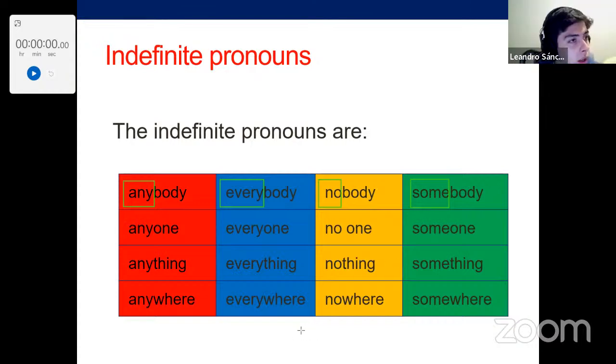With any is for one person or something like that. Every is for all of them. And no is for nothing, for no person. And some is for a few persons.